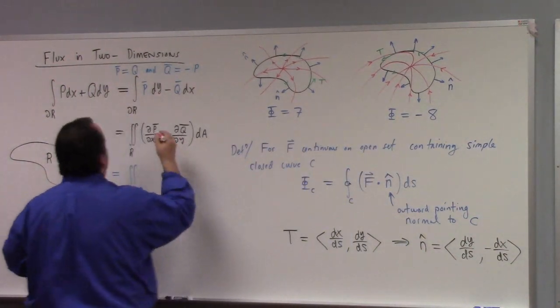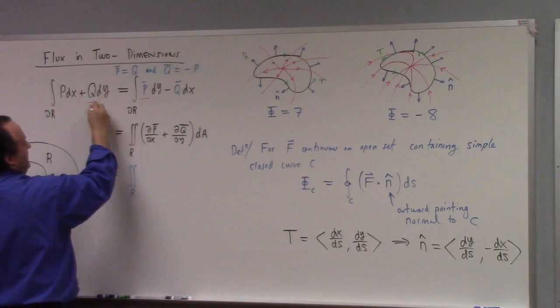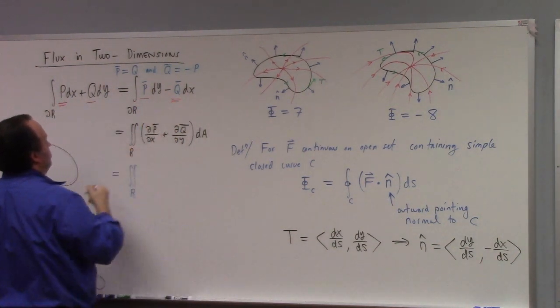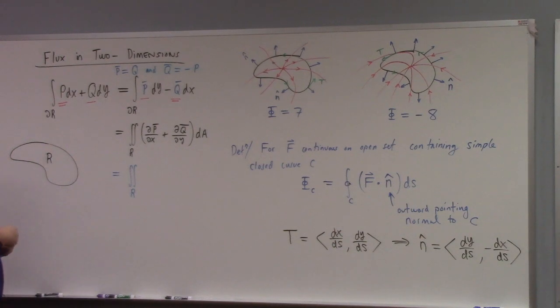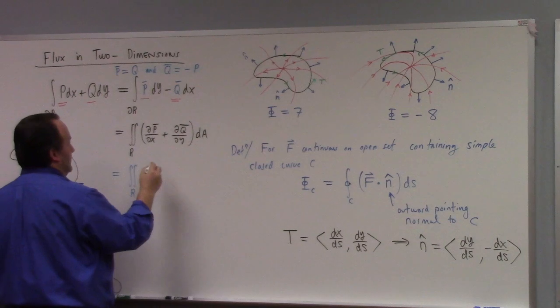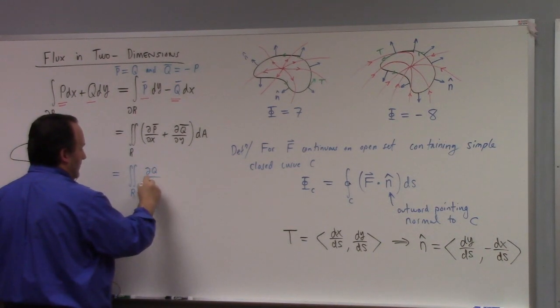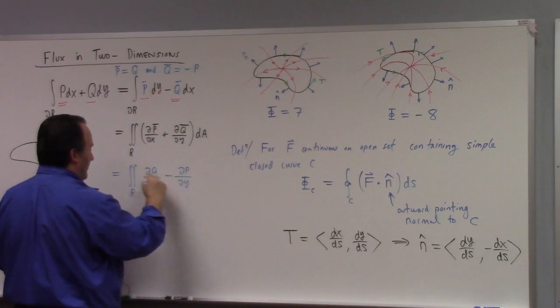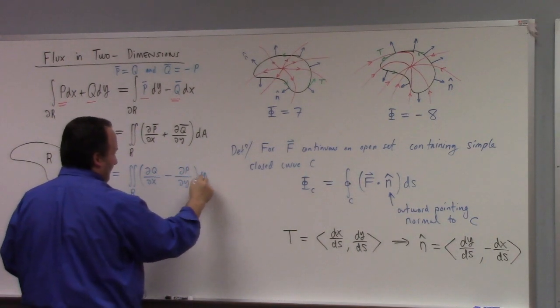This has to match that. That has to match that. All right? But then, what do we got? P bar is Q, so we've got partial Q partial x minus partial P partial y dA.